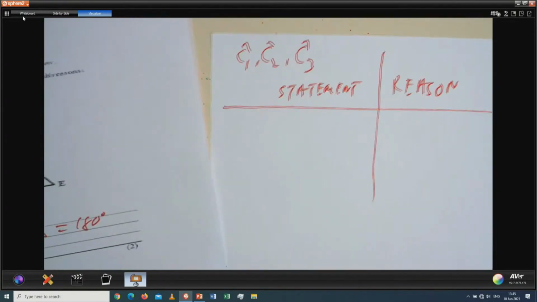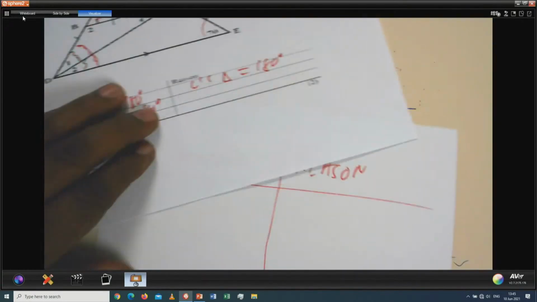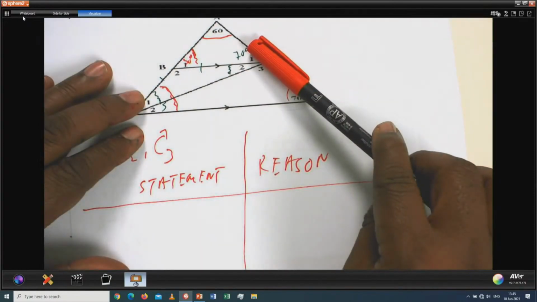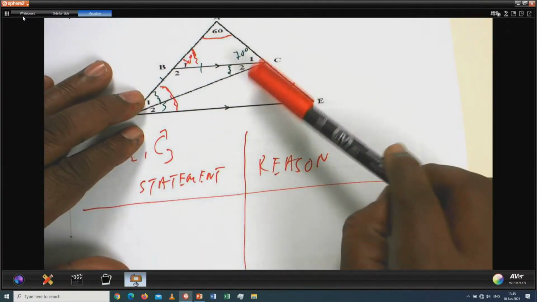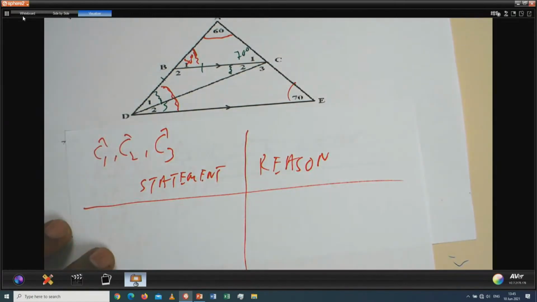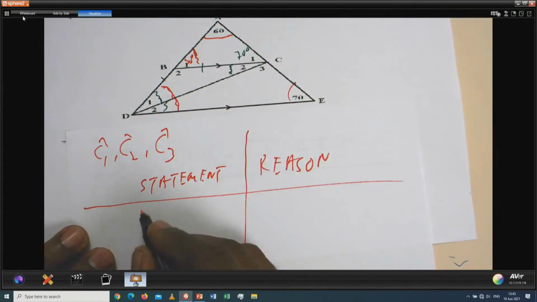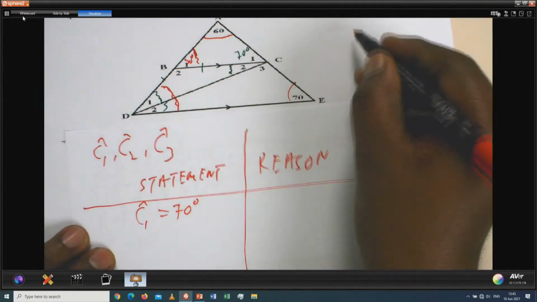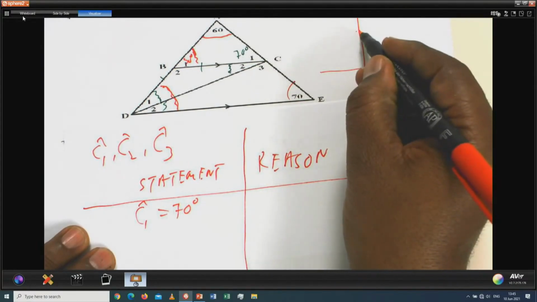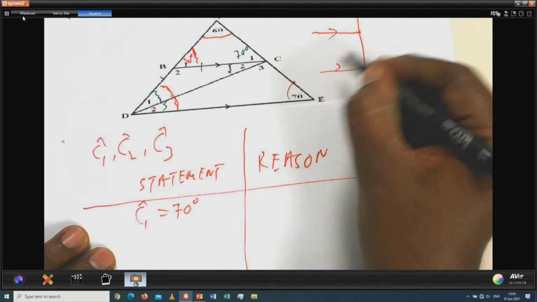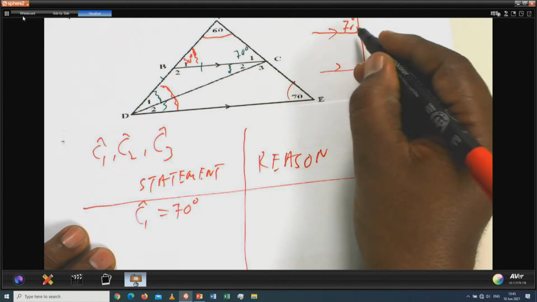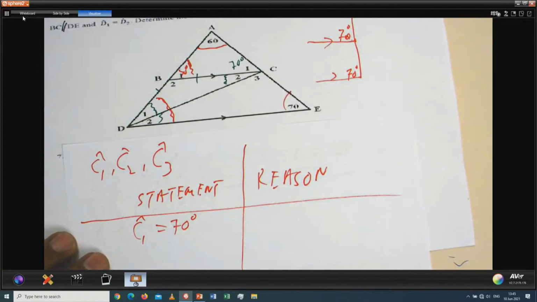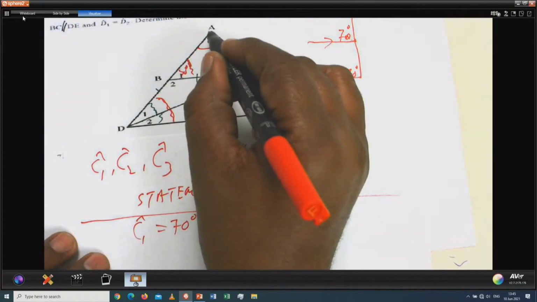In other words, they are looking for C1, C2, C3. Now already you say, okay, angle C1 is equal to 70 degrees. What is the reason? Corresponding angles of parallel lines. There is that F. So 70 degrees equals 70 degrees. There is that F that is facing down.